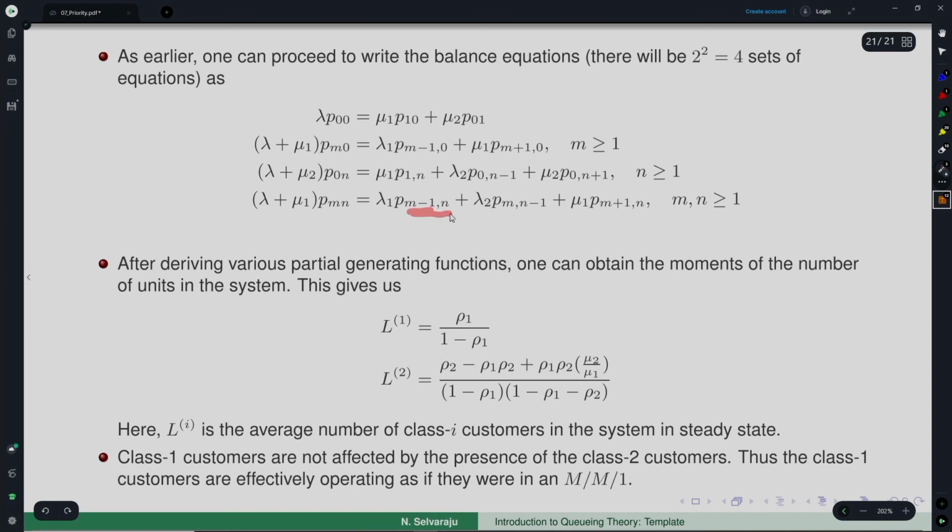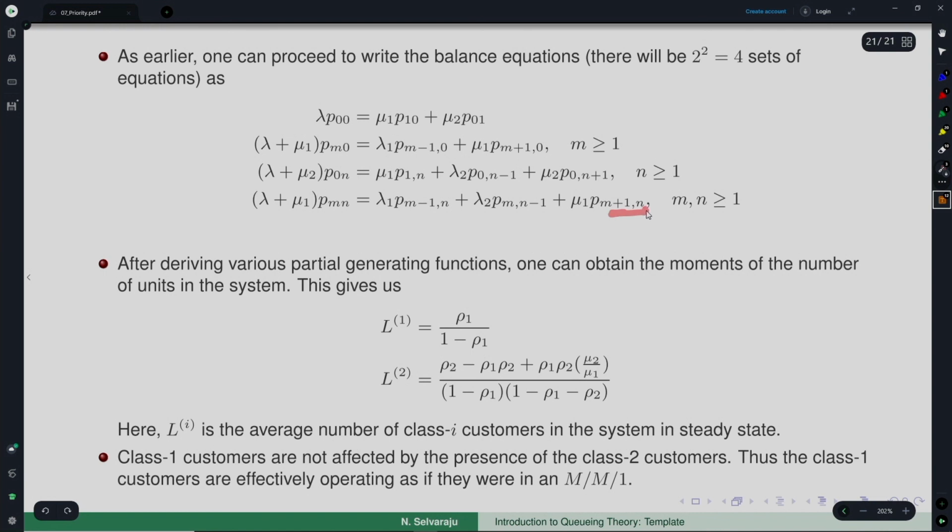From (m-1,n), an arrival of a priority 1 customer with rate lambda 1 takes the system to (m,n), one possibility. From (m,n-1), an arrival of a priority 2 customer takes the system to (m,n). Or there could be an (m+1,n) in the system.